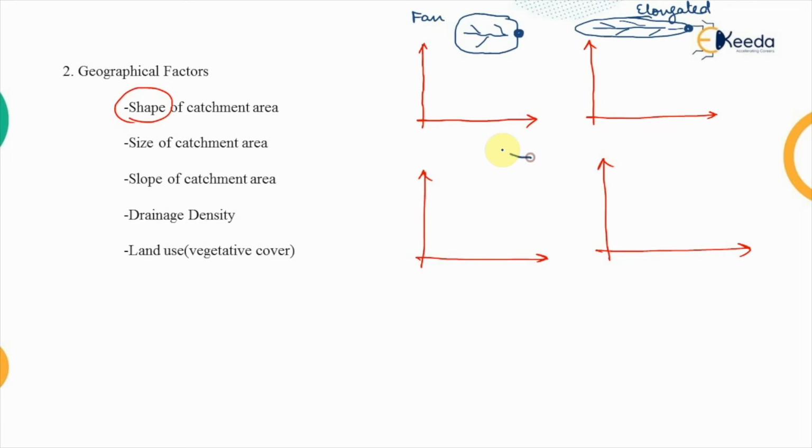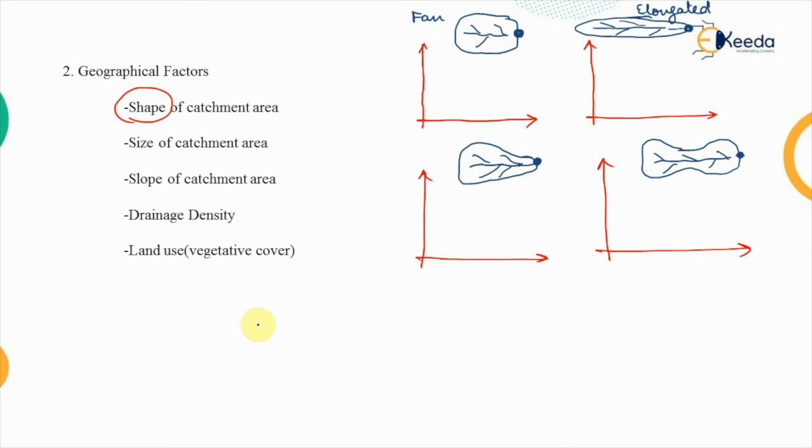Then the leaf-shaped catchment area, in the shape of a narrow leaf, also has the outlet point in the same direction. And if we have a leaf with two broad areas, that is another shape.